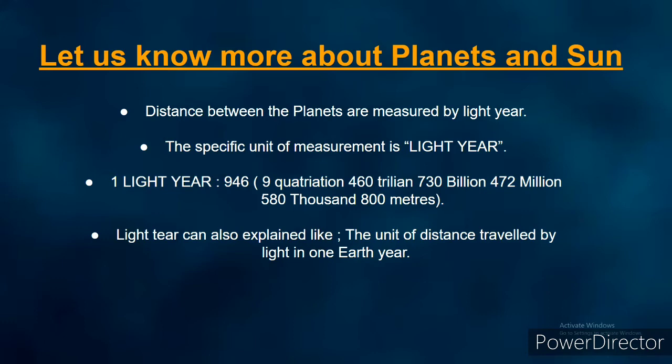The specific unit of measurement is light year. 1 light year is equal to 9,460 trillion 730 billion 472 million 580,800 meters. Light year can be explained like the unit of distance traveled by the light in 1 Earth year.